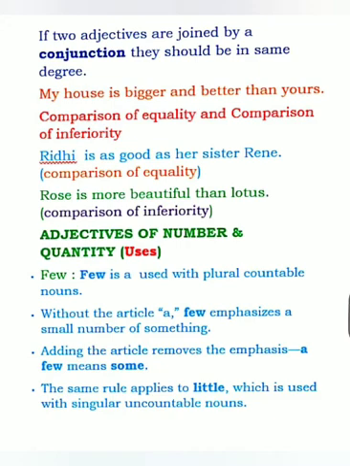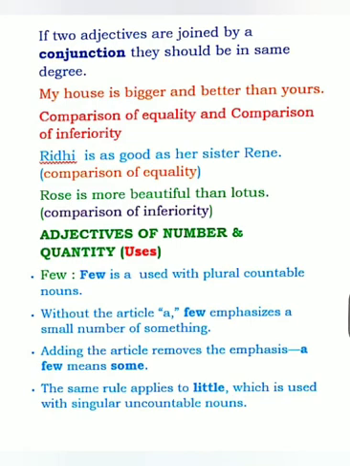I have a few books, okay, that means I have some amount of books that I can give you, okay. The same rule applies to little also. Little means hardly there is anything, okay, and a little means some, so the same thing happens with little also.